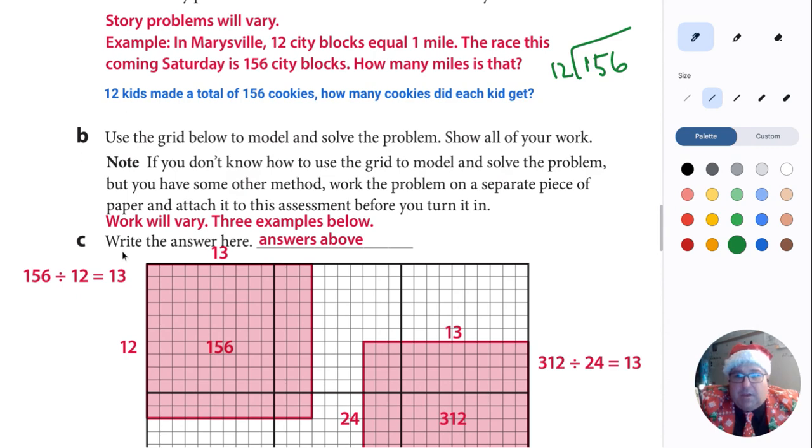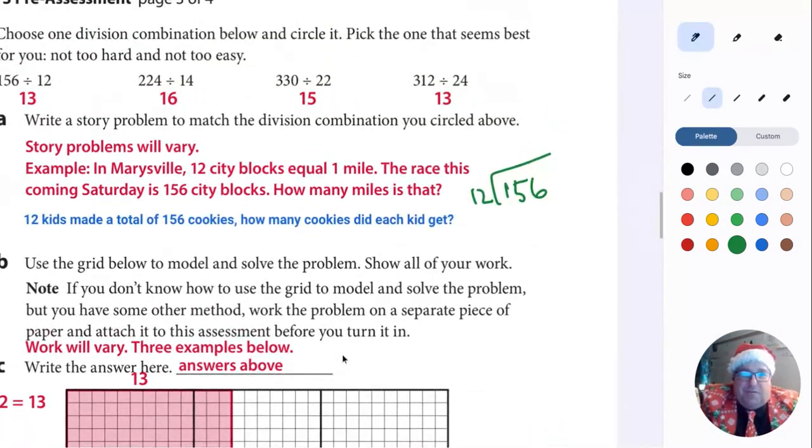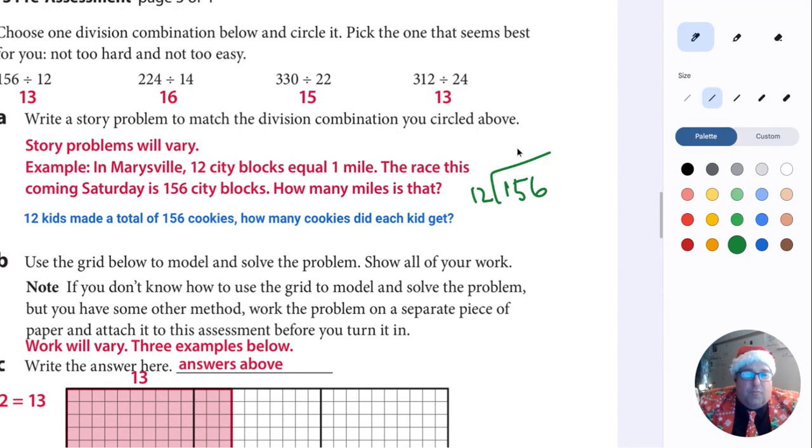So if I go down 12, how far over do I have to go so I have 156? You can use that, or just do the good old partial quotient division, pretty similar to the long division old people like me grew up with. So we have to see, how many times does 12 go into 156? Can I do 10 groups? What's 10 times 12? 120. Oh, yeah, we can do that. So 10 times 12 is 120.